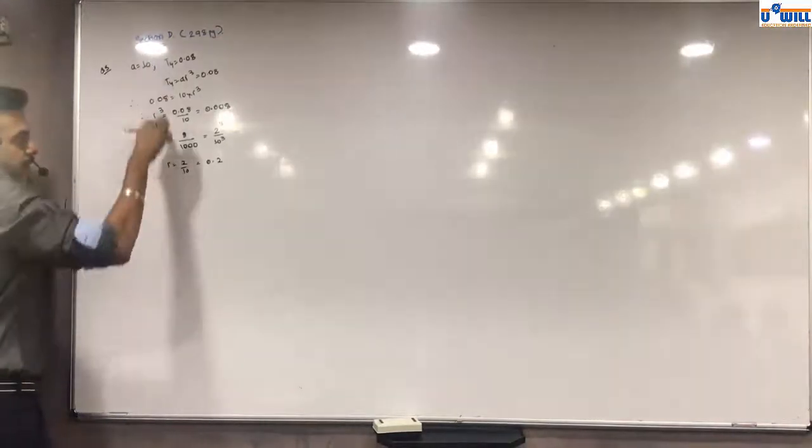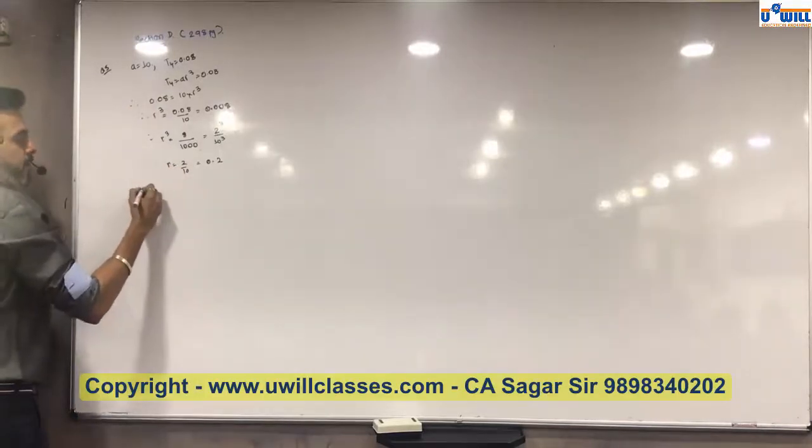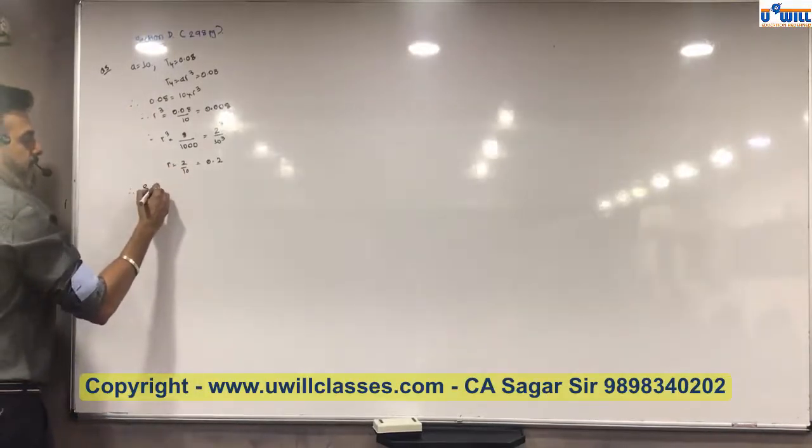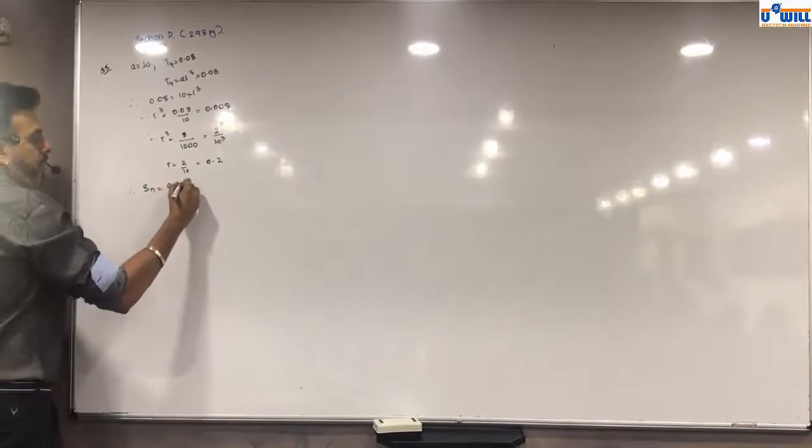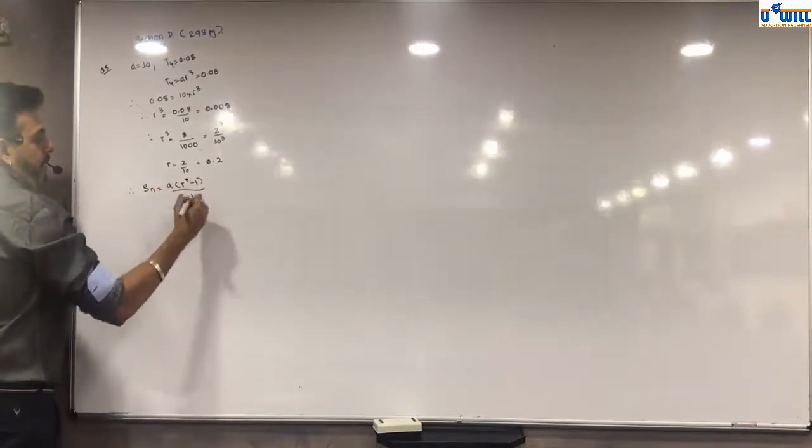Now we have A and we have R. Therefore, Sn is equal to A into R raised to n minus 1 upon R minus 1.